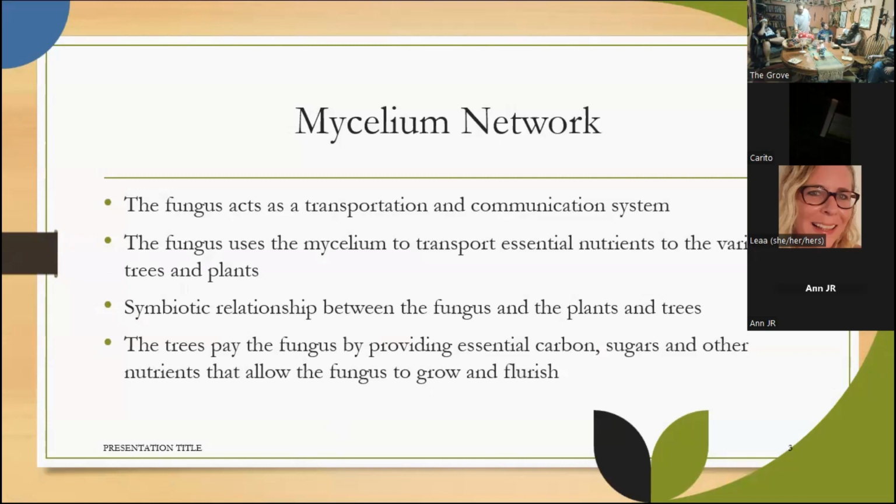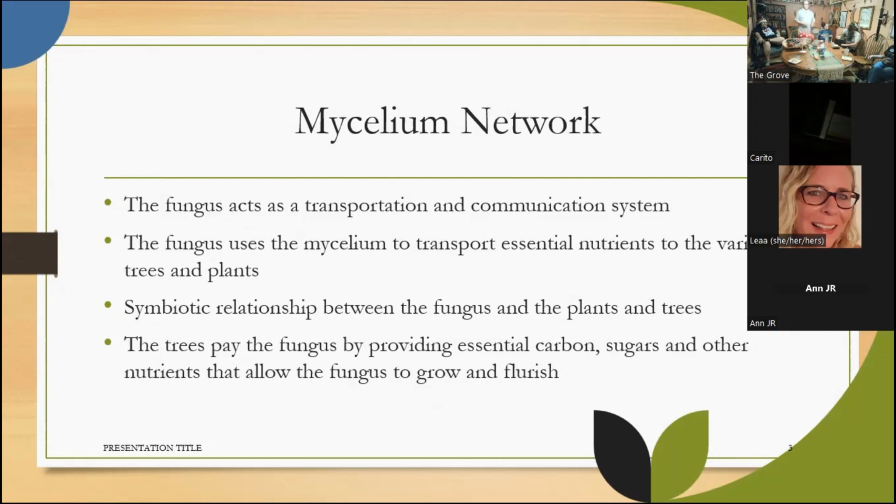So the larger network, the mycelium that's connected to all these plants and trees, is called the mycorrhizal network. To give the impact of it, you'll see that there's a lot of growth in the woods and the forests where it has all the different fungi, mushrooms, and the plants and trees.